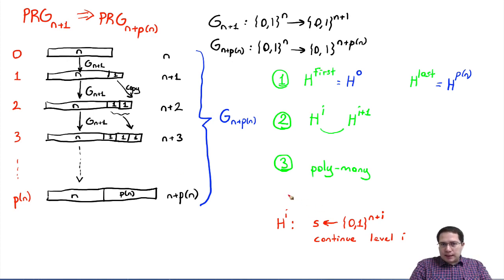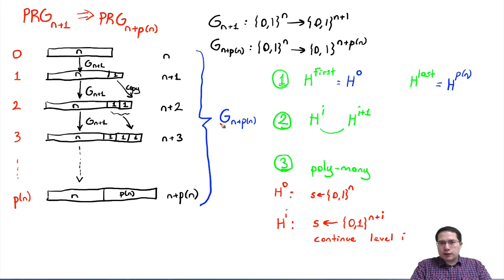Let's see what this means for some values of I. Consider H0, the 0th hybrid, the first hybrid essentially. What it would mean is we would be picking S that is how many bits? You see it, n plus I is 0, n bits. And then start at level 0. If I start at level 0, so I have n bits of random value, I start at level 0, do these things.